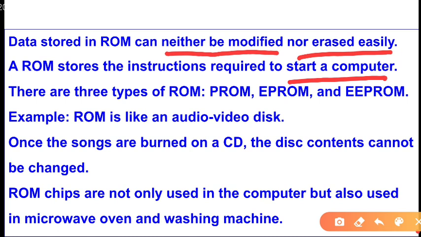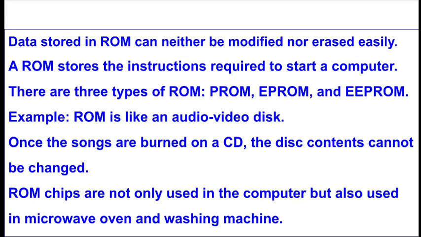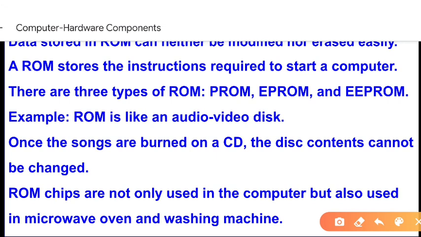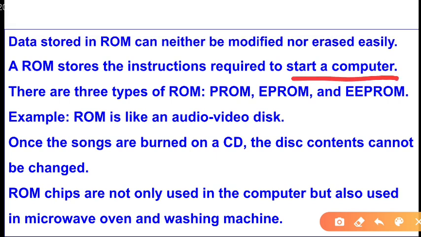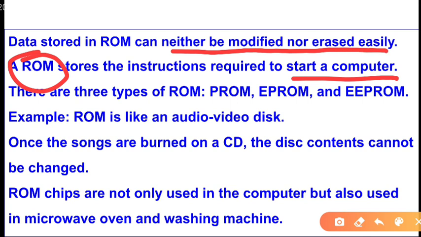It doesn't happen that one day you start the computer and it shows the HP logo, and another day it shows Lenovo's logo. No, it will show the same instructions again and again. You know why? Because the data related to the starting of the computer is stored inside the ROM, and ROM is a permanent type of memory. Anything stored inside the ROM can neither be deleted nor modified.